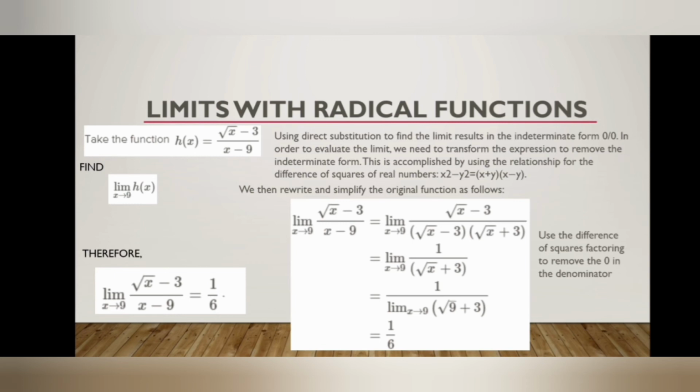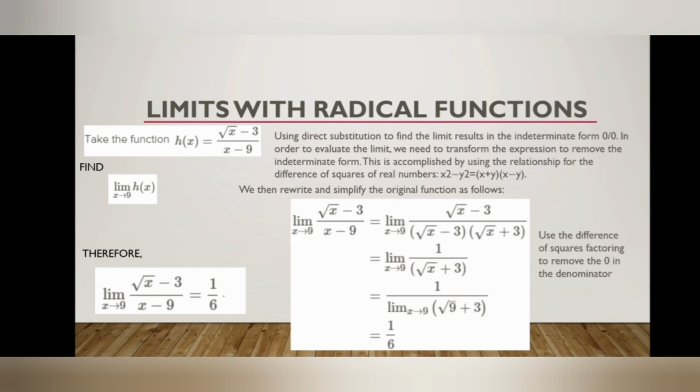Let's take the function h of x is equal to square root of x minus 3 over x minus 9. Then, let us find the limit of h of x as x approaches 9. We will then apply the difference of squares to our equation, which will turn it into the limit as x approaches 9 of square root of x minus 3 over square root of x minus 3 times square root of x plus 3.